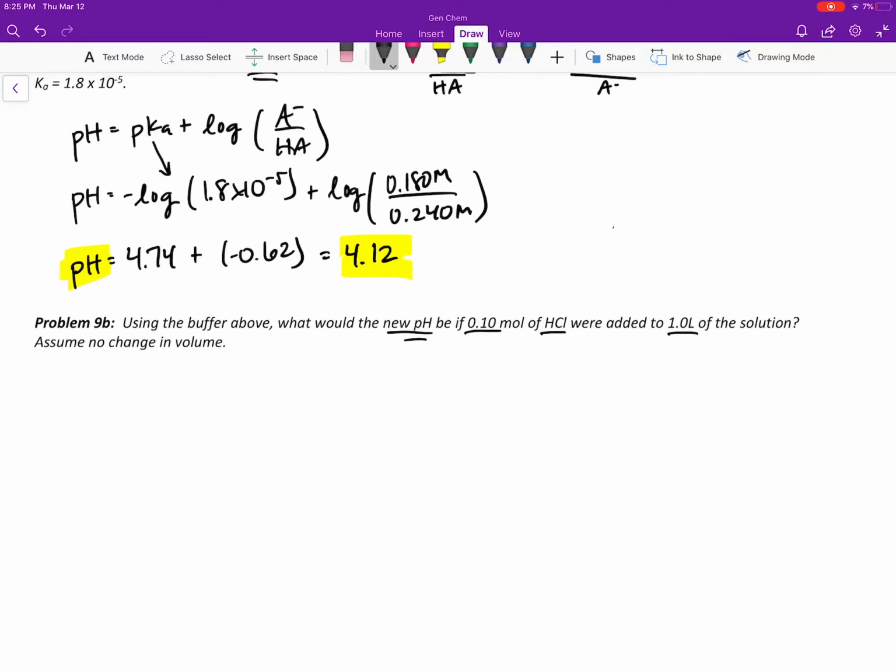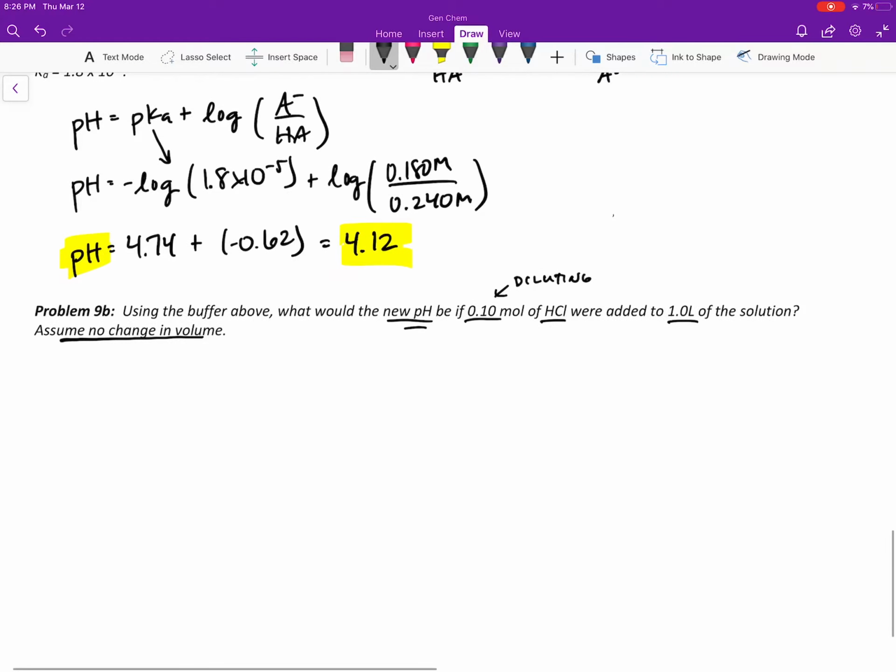If it was 500 milliliters, anything other than 1, I would have to worry about it. But I can assume no change in volume, because essentially this is diluting to some small degree, but I get to assume that there's no change.